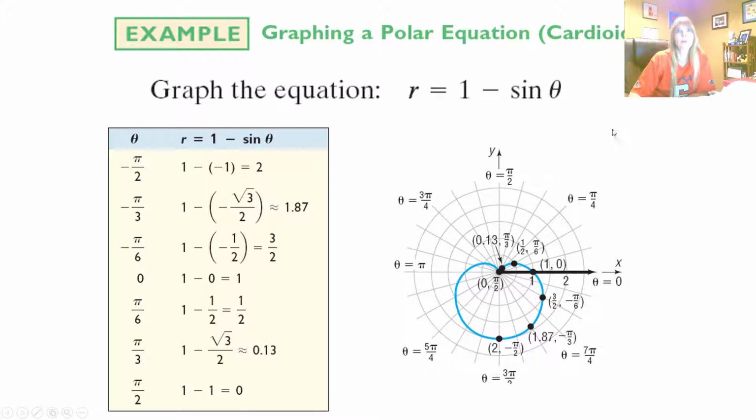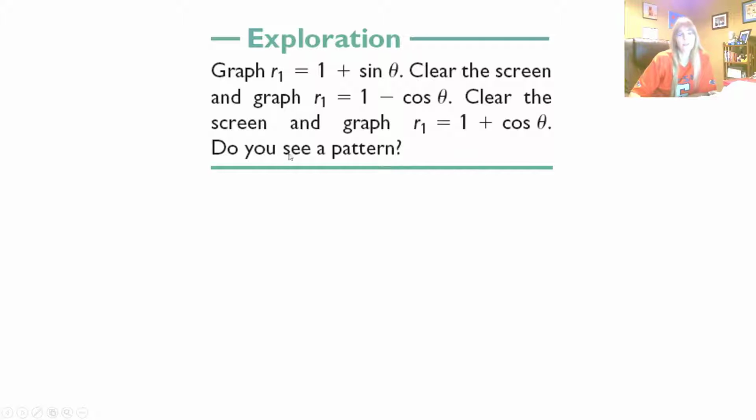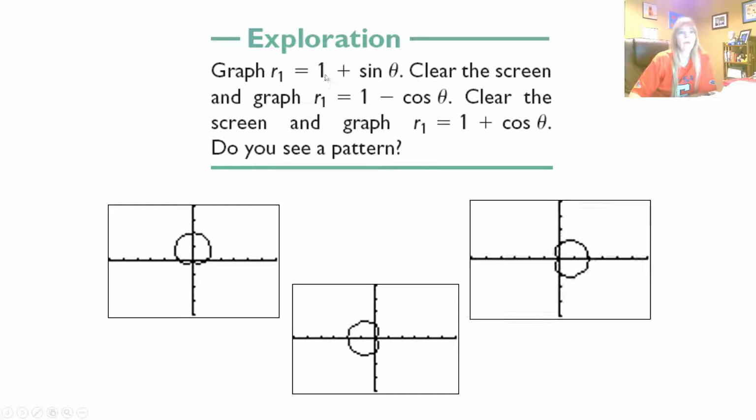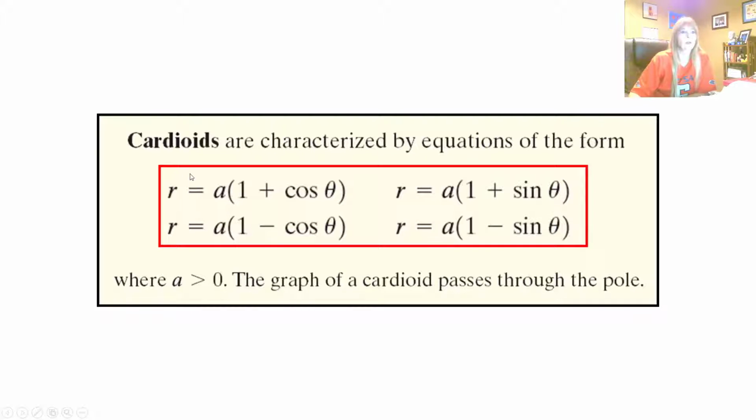You're going to see all these weird different graphs, and they can be shifted depending on if you're doing 1 plus sine, 1 minus cosine, 1 plus cosine, and you can see what's happening to the graph. These are characterized by the following equations.